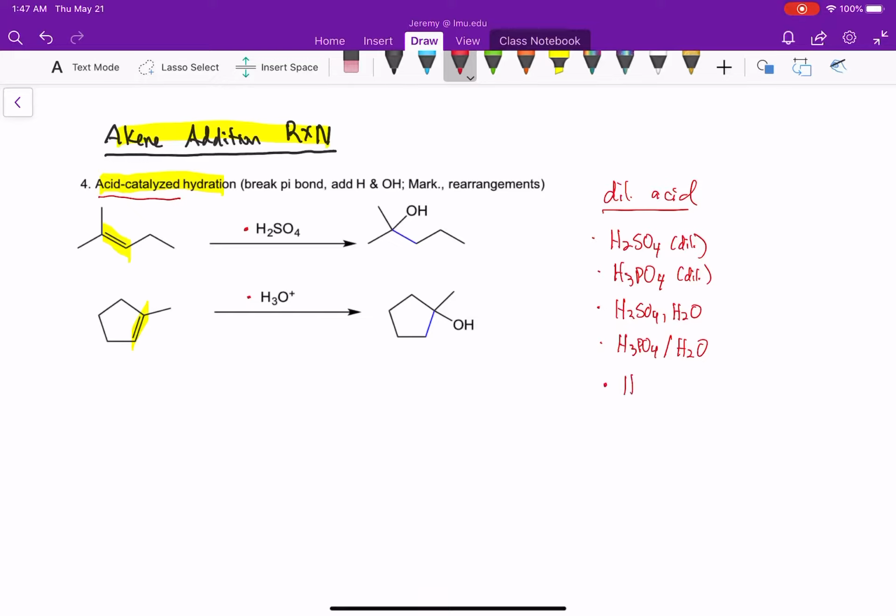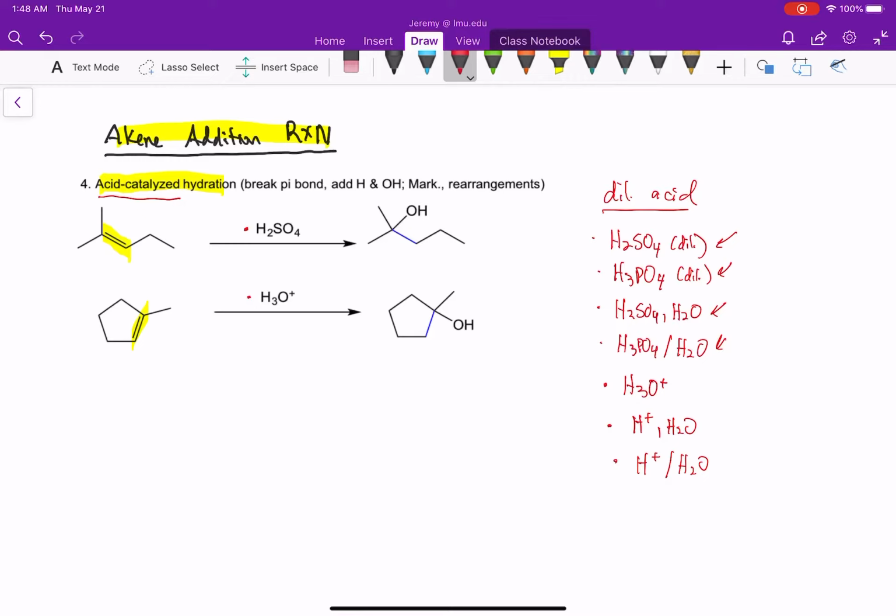So you might see me write something like H3O+. I could also write H+, comma, water, or instead of a comma, sometimes a slash, H+ and H2O. If you remember from our exercise on acids and bases, these acids, H2SO4 and H3PO4, are really strong acids.